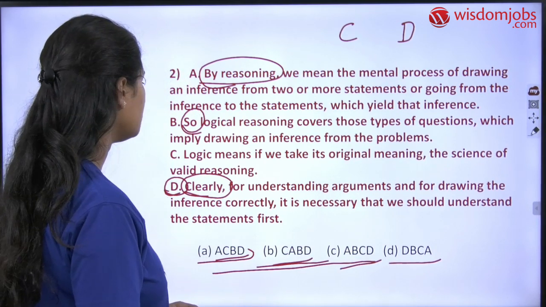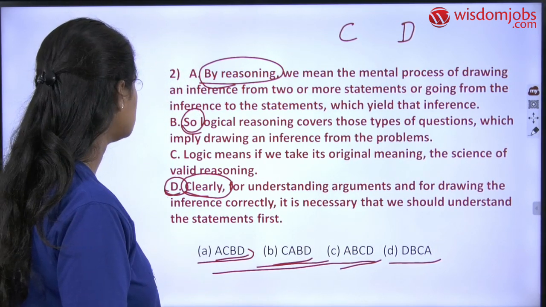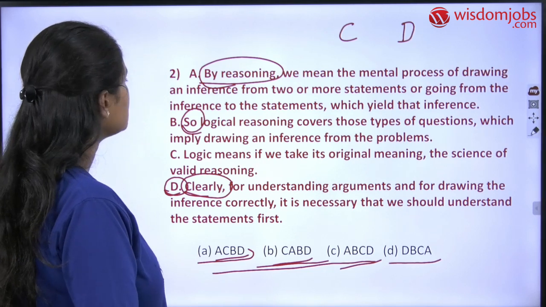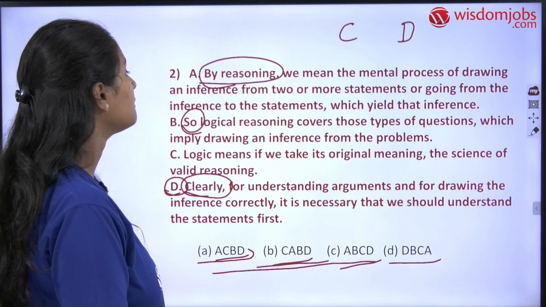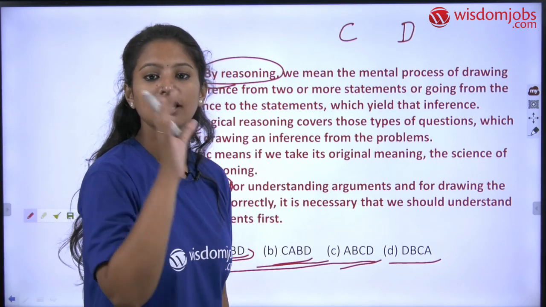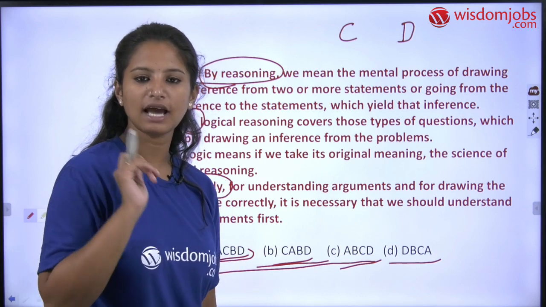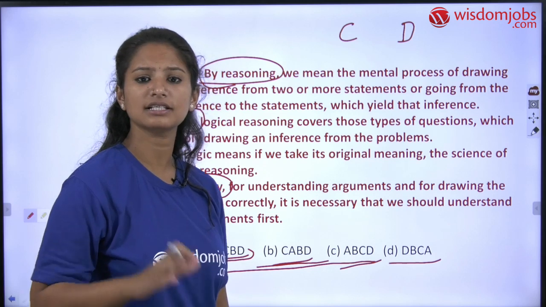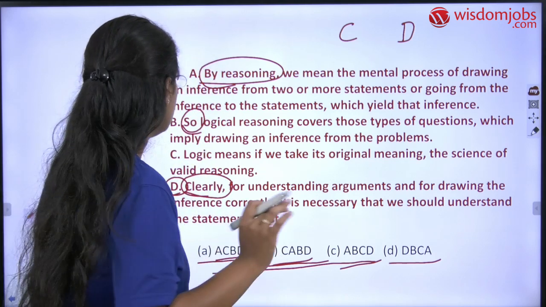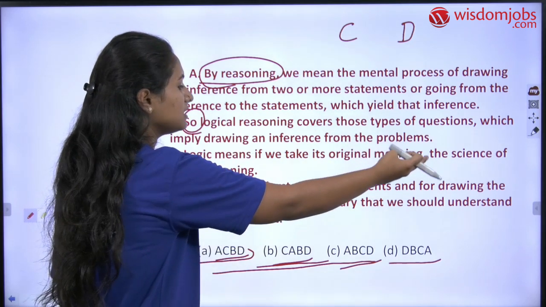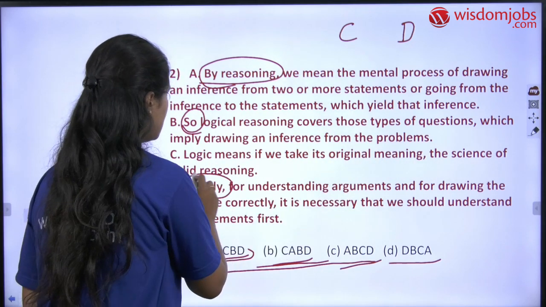Logic means, if we take its original meaning, the science of valid reasoning. By reasoning, we mean the mental process of drawing an inference. Now let us find out the thing here which links both of them. As I have told you, there are linking words or connectors present in every sentence while forming a paragraph. Now let us see the C sentence. Logic means, if we take its original meaning, the science of valid reasoning.